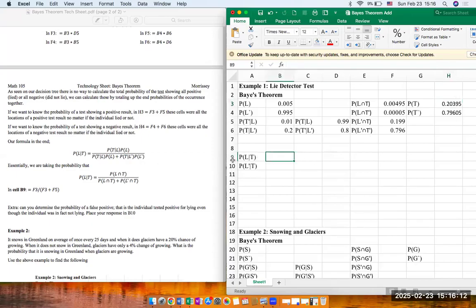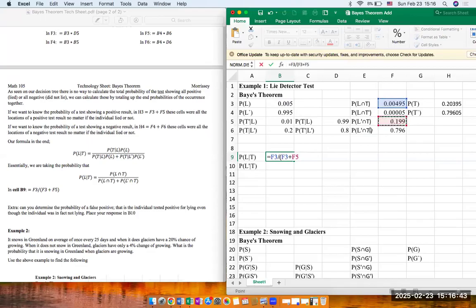So when we're trying to figure out the probability that the test thinks we're lying, given that we are lying, we could say, instead of taking this formula right here, it says equals F3, that is that we are in fact lying, which is B3, F3 happening together, divided by, one of these equations says, well, we're going to take the same number and add it to F5, F5 being right here.